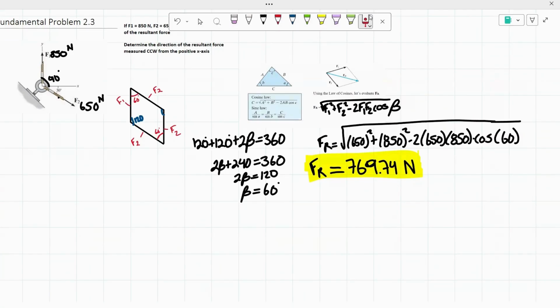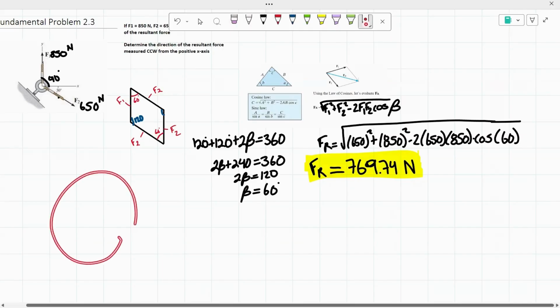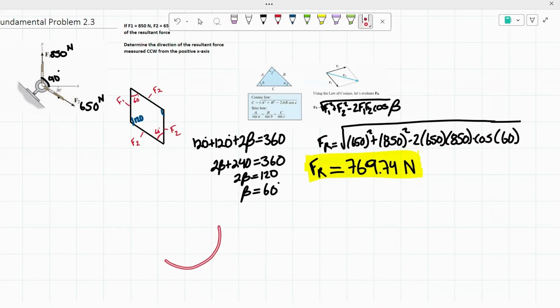Now the second part is asking us to determine the direction of the resultant force measured counterclockwise from the positive x-axis. Counterclockwise would be this way, because clockwise is going this way.